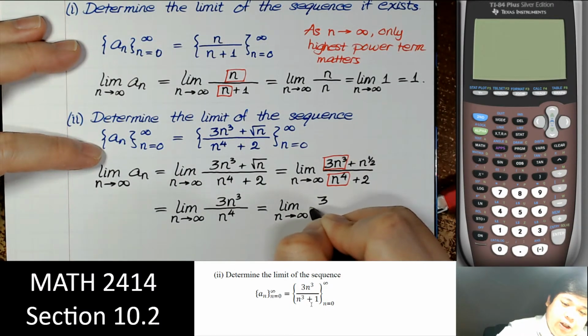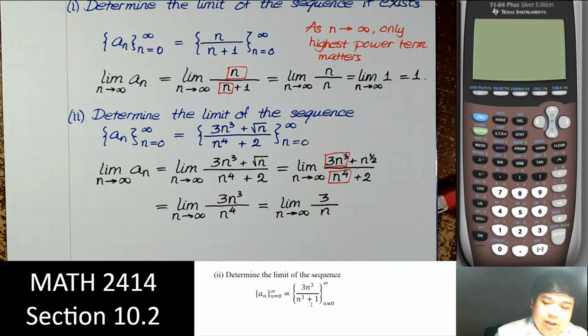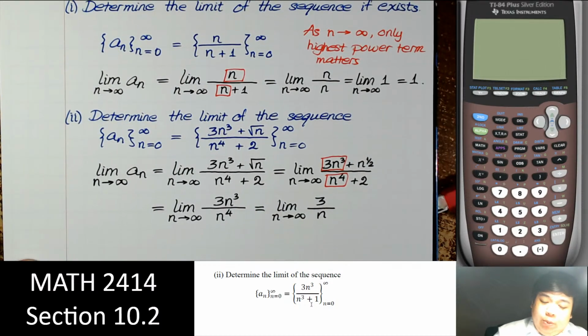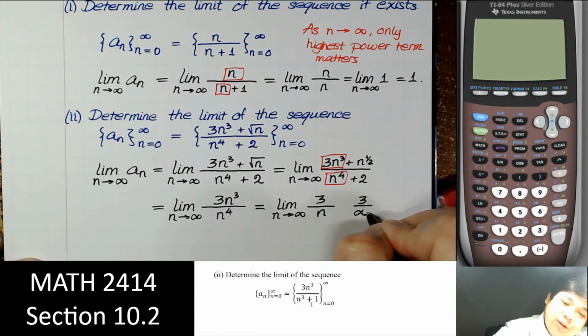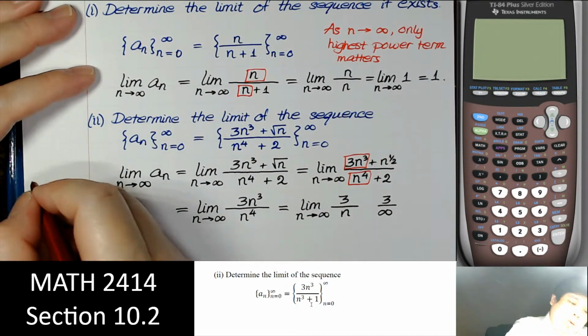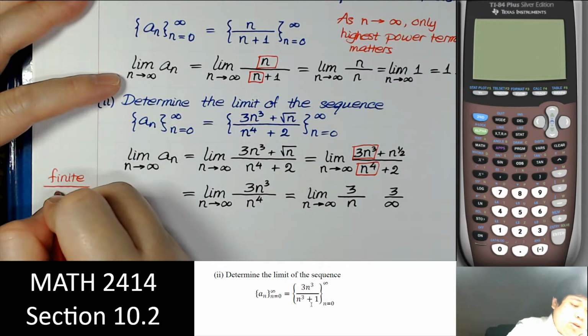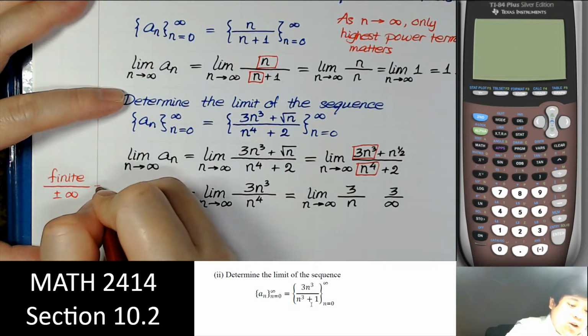We have 3 over n, right? n cubed and n cubed cancel out to have 3 over n. Now when we put infinity in for n, when we have a finite number divided by infinity, could be plus or minus infinity, doesn't matter, that goes to 0.